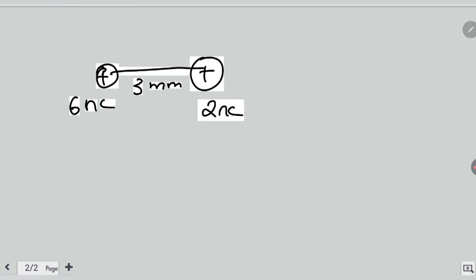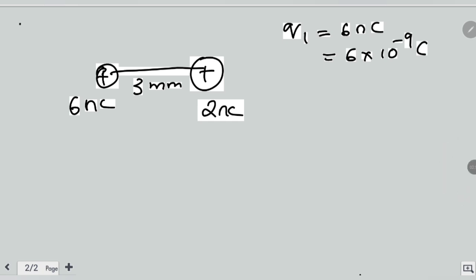It's very easy, right? When you look at the first charge, Q1 is equal to 6 nC. Charge is expressed in coulombs. So if you see nanocoulomb, that is 6 times 10 to the power of minus 9 coulomb. I hope you still remember those rules of how to change, right?